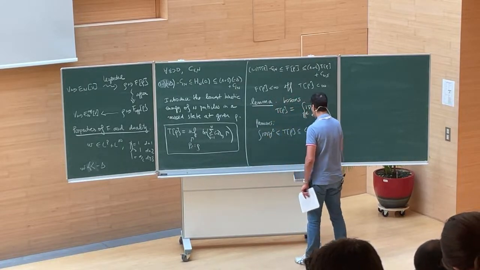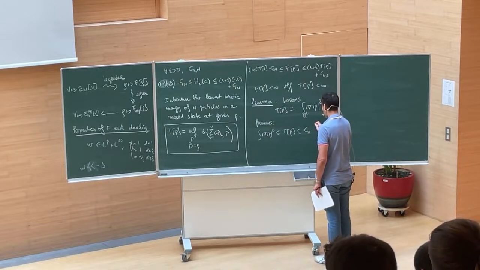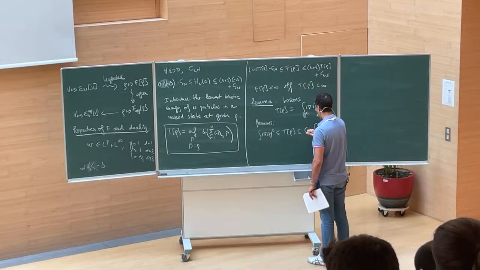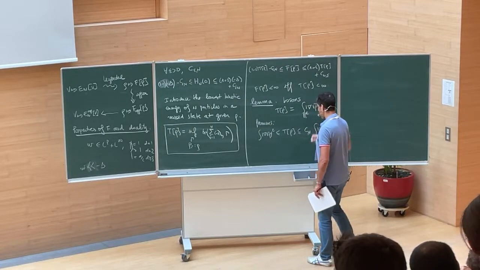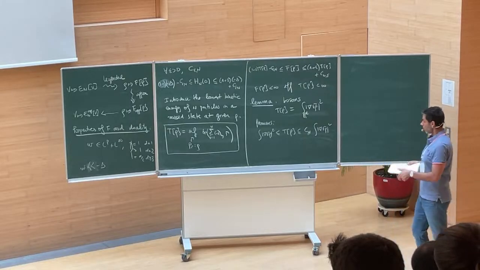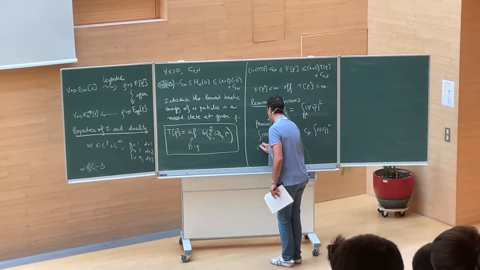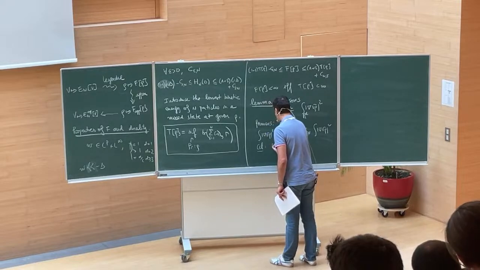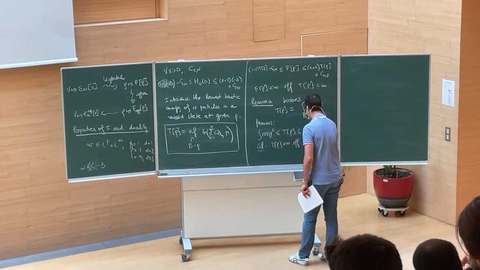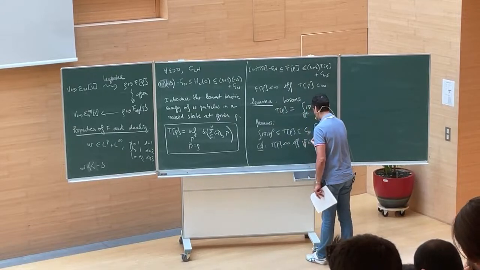And there is also an upper bound. Actually, the upper bound is a constant, not here. Okay? And so the conclusion is that T is finite if and only if square root rho is in H1.